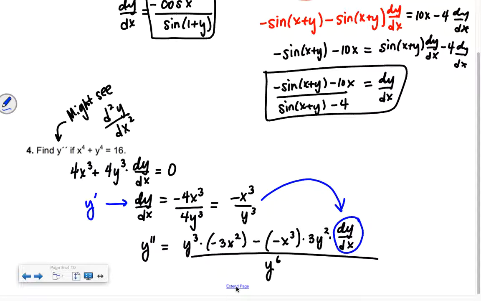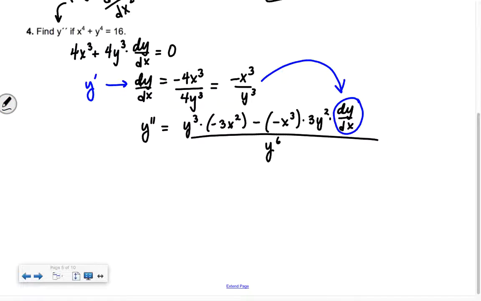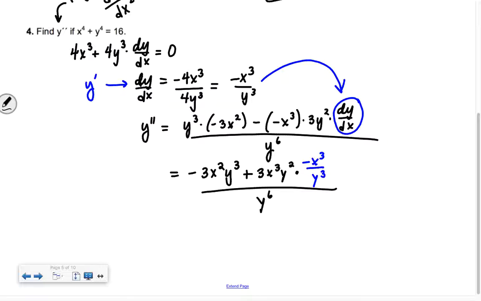All right, so we're going to continue. So we have negative 3x squared y cubed plus 3x cubed y squared times the thing that it was equal to. dy over dx was negative x cubed over y cubed, all over y to the 6th.